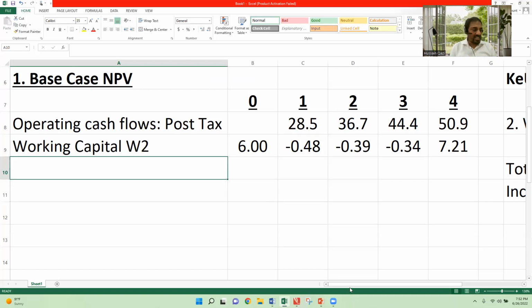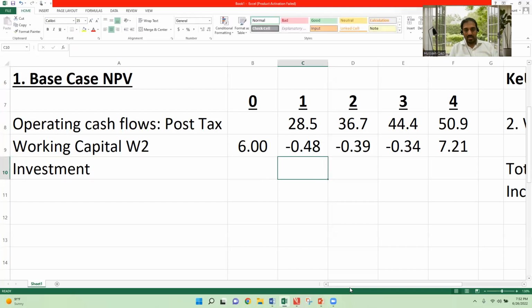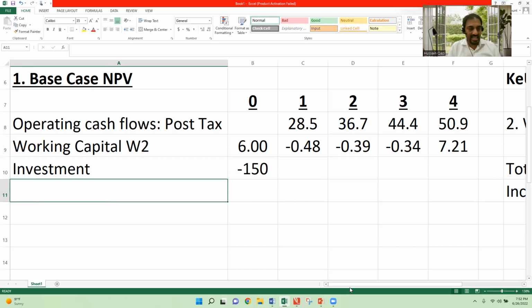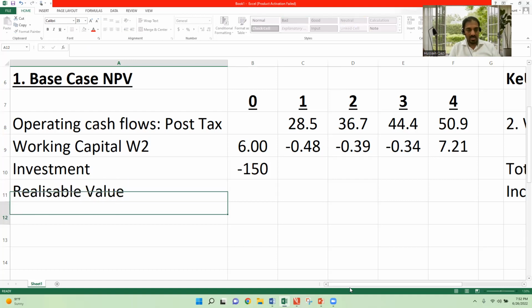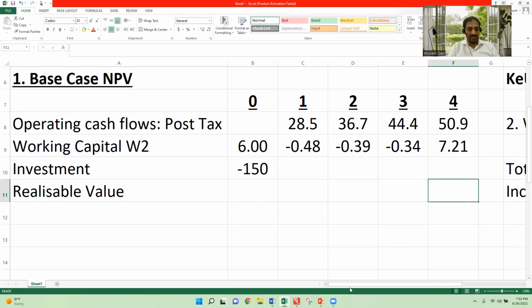Okay, the next point is the investment required, minus 150. Do remember that this is the investment side. So this is 150. And the investment realizable value is 45.